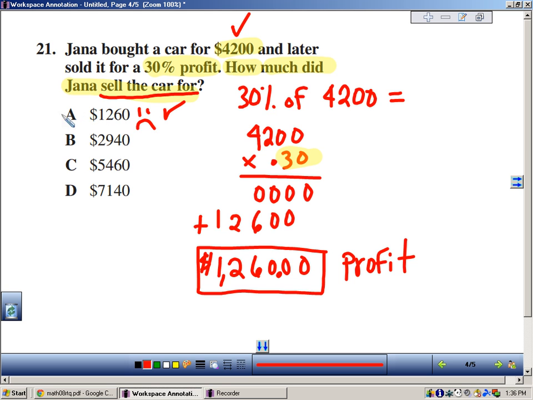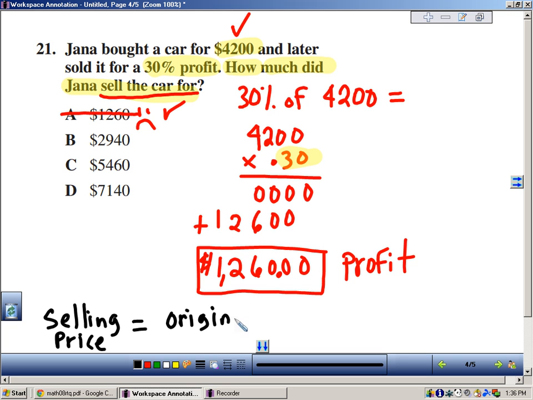Don't be fooled. You have to take this amount, the profit, and add it to the sale price. And so, by definition, here's what profit is. When you sell a car for profit, okay, the selling price, you have to look at the original price that you bought it for, right? Original purchase price, and you add, see, that's the difference, right?